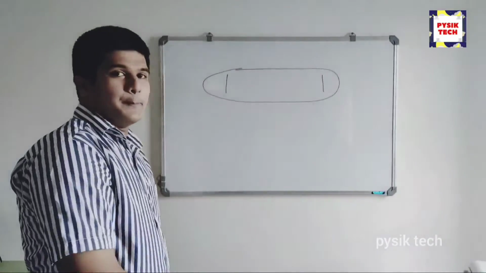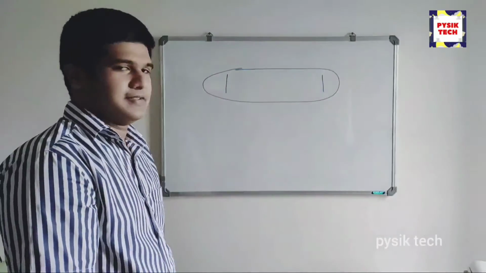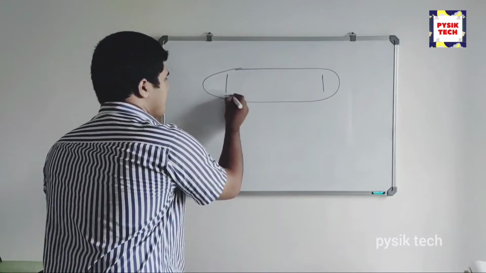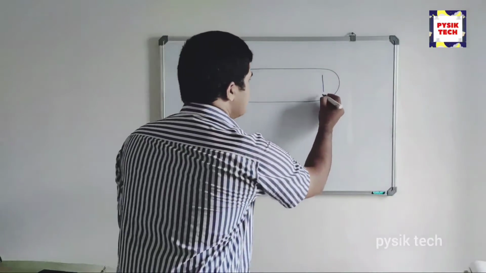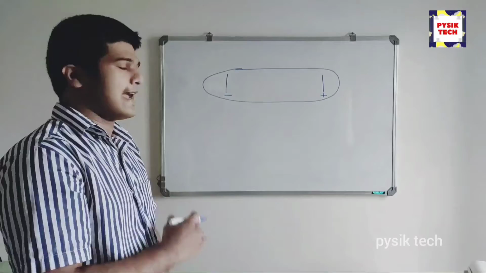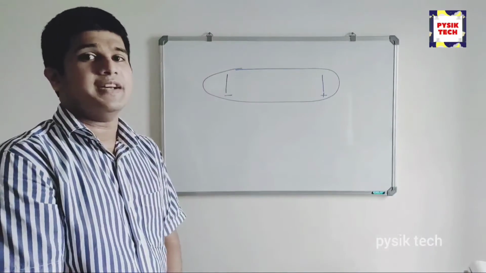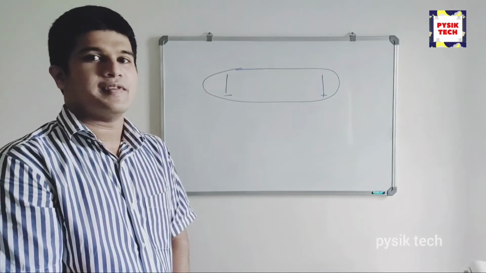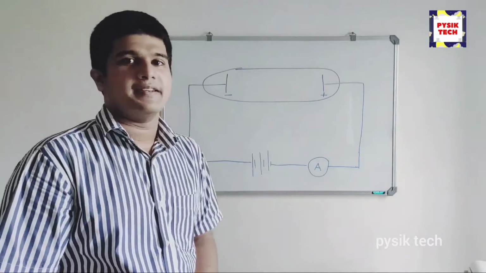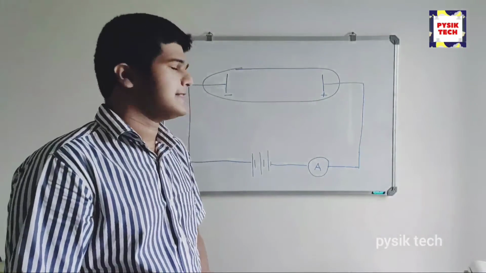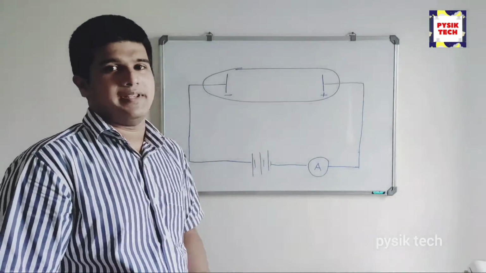A negatively charged metal plate is considered the cathode, and the anode has a positive charge. The cathode and anode here are entirely different from the concept in electrolysis. Then we can connect the tube with a circuit that contains a battery and an ammeter.